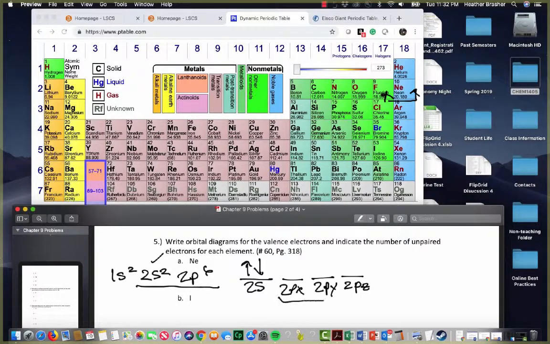You could write these all as just 2p if you wanted to. So you fill them each with an electron. You have 6, so that's 1, 2, 3, because that's Hund's rule for stability. And then you go back in there and fill them and pair them. So that would be the orbital diagram for the valence electrons for neon.